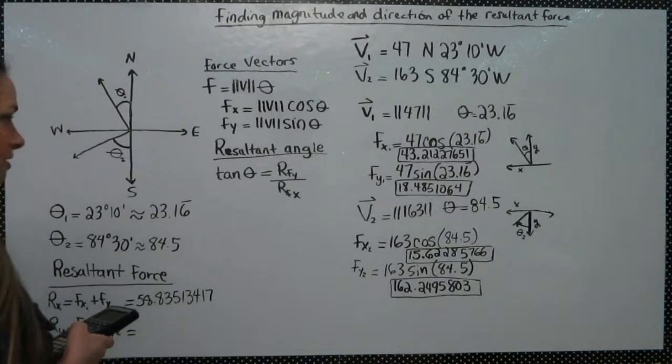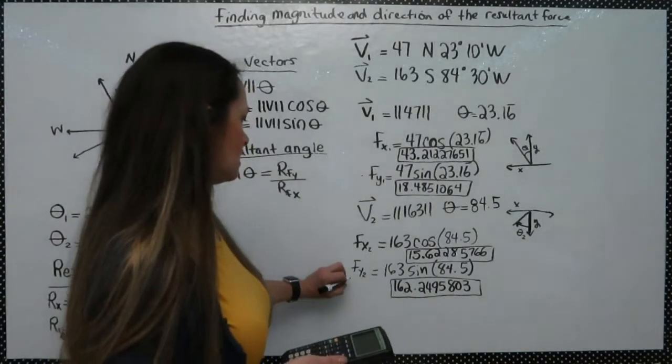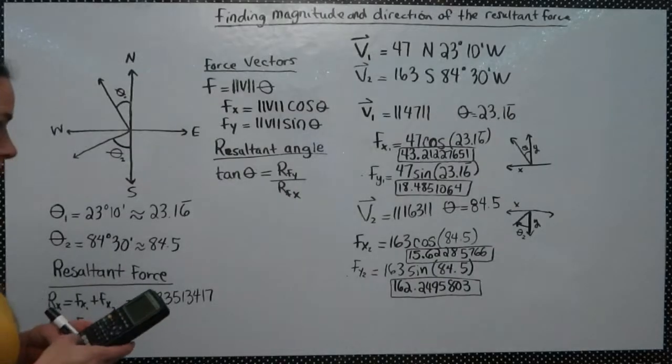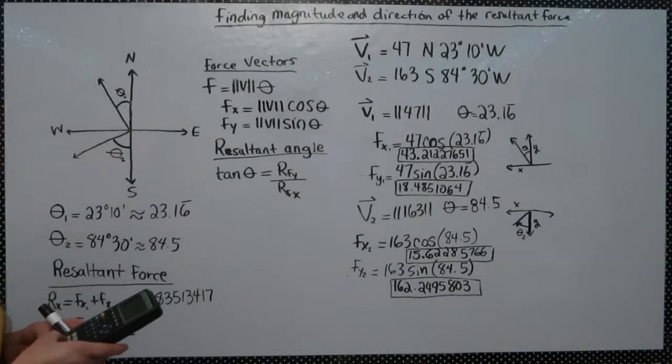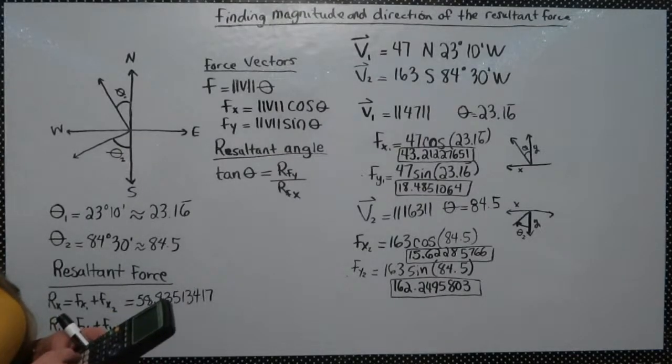All right, so y. Now we've got 18 and 162. So 18.4851064 plus 162.2495803.